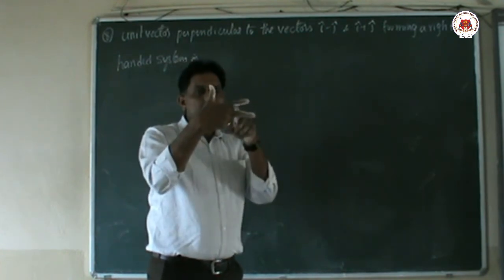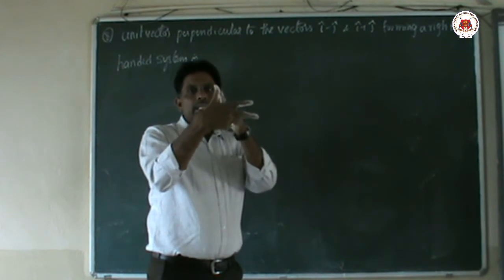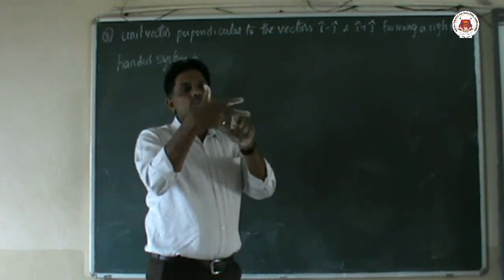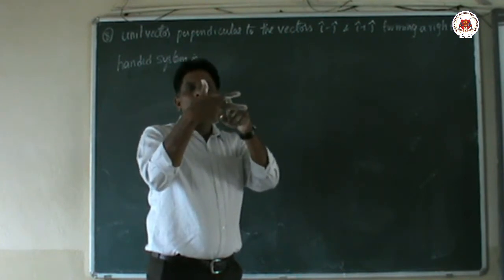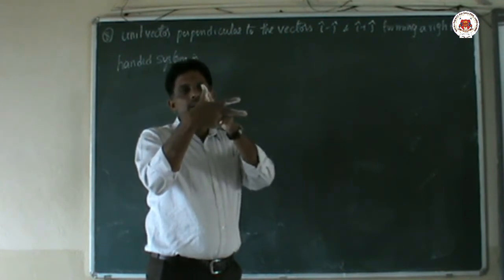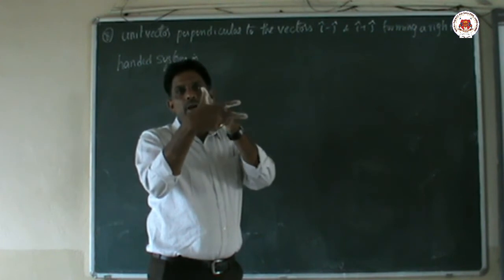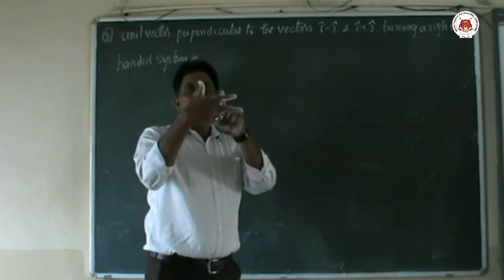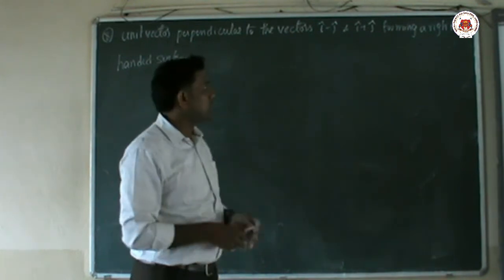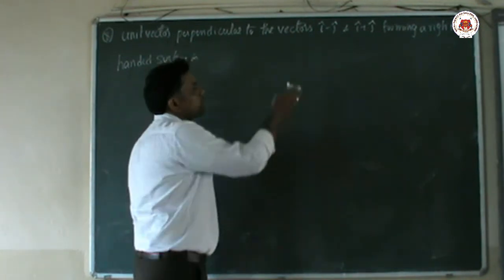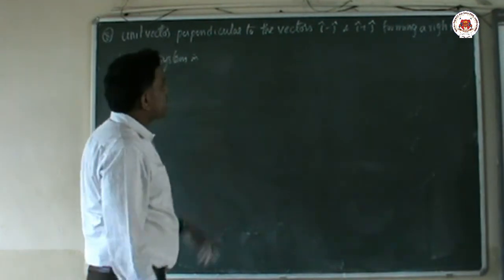If A vector is here, B vector is here, then this thumb indicates the cross product of these two. Means this thumb indicates the A vector, B vector cross product. This is nothing but vector A cross vector B. Once again, this is vector A, this is vector B, then this is called vector A cross vector B. So I am drawing on the board.